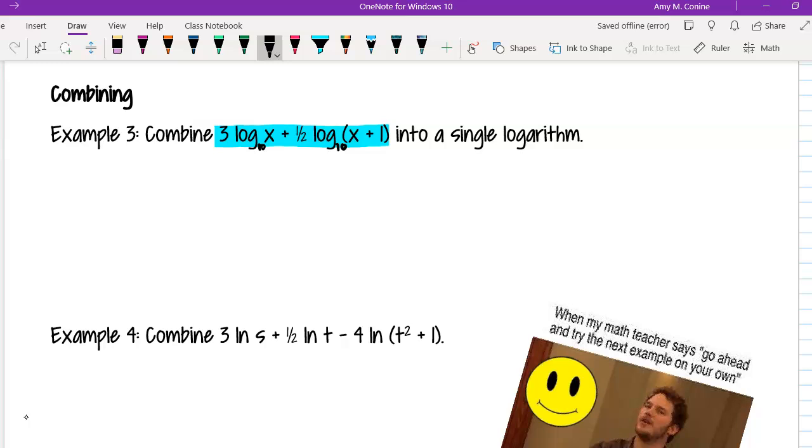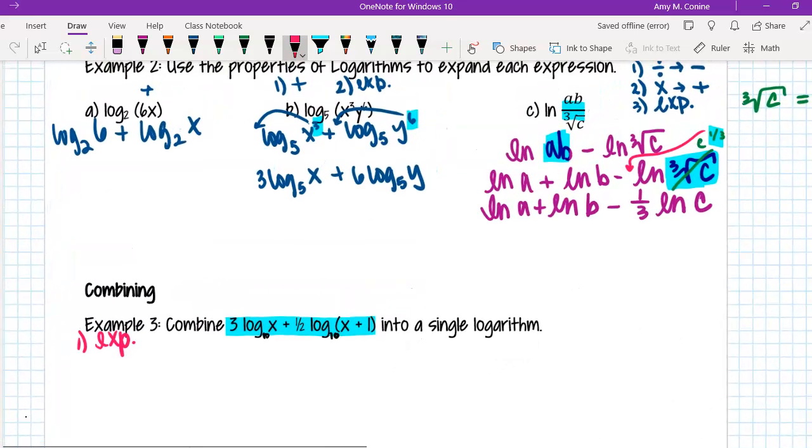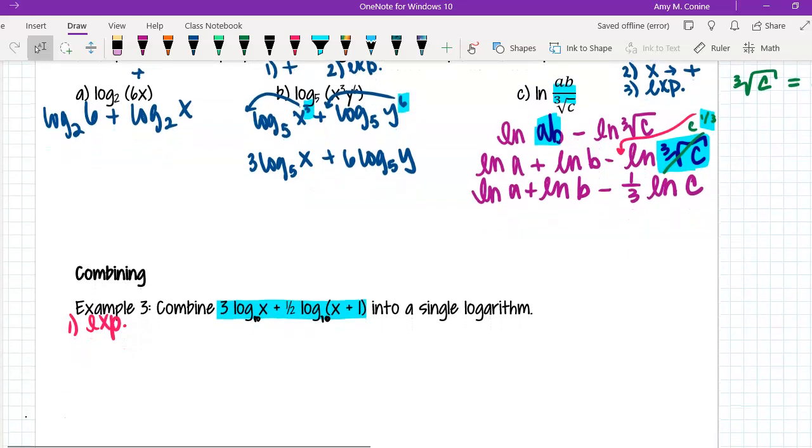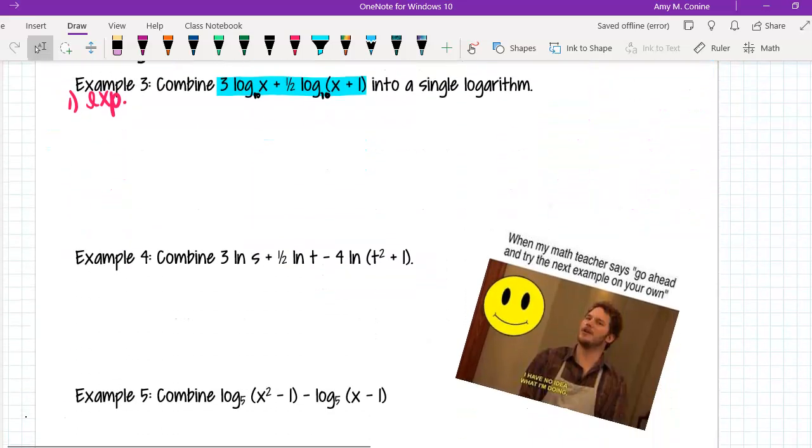When we're working backwards, look at how you can apply your steps. The first thing I'm going to look at is my exponents. From what we just did in expanding, exponents was the last thing we took a look at, so when you're going backwards and combining, it should be the first thing you look at.